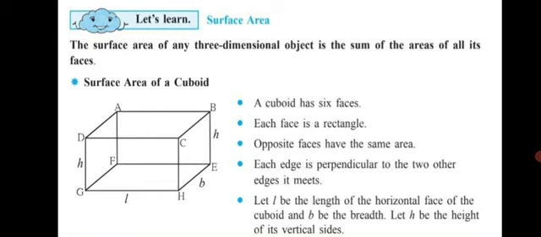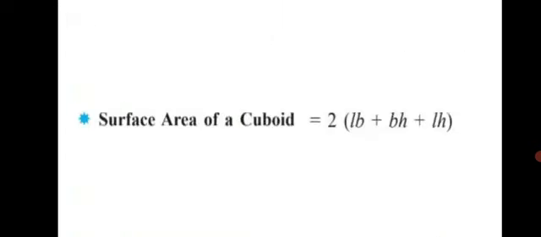Since 2 faces have the same area, its formula is surface area of a cuboid is equal to 2 times length into breadth plus breadth into height plus length into height. So this formula you have to memorize in order to solve practice set 47.